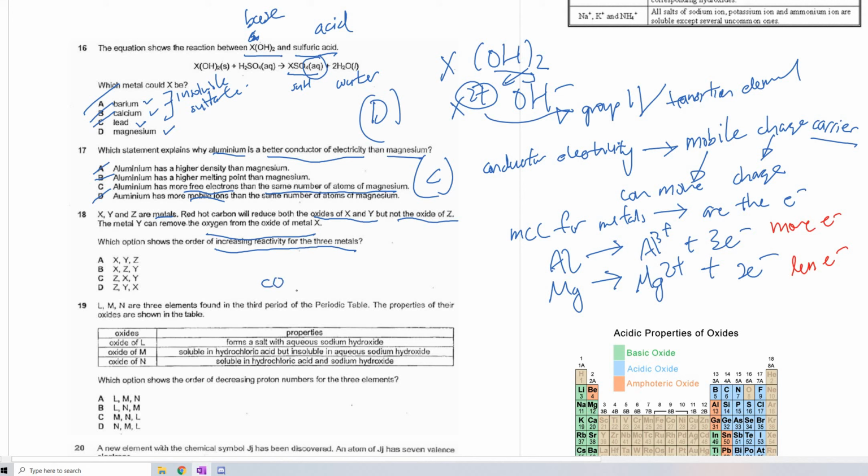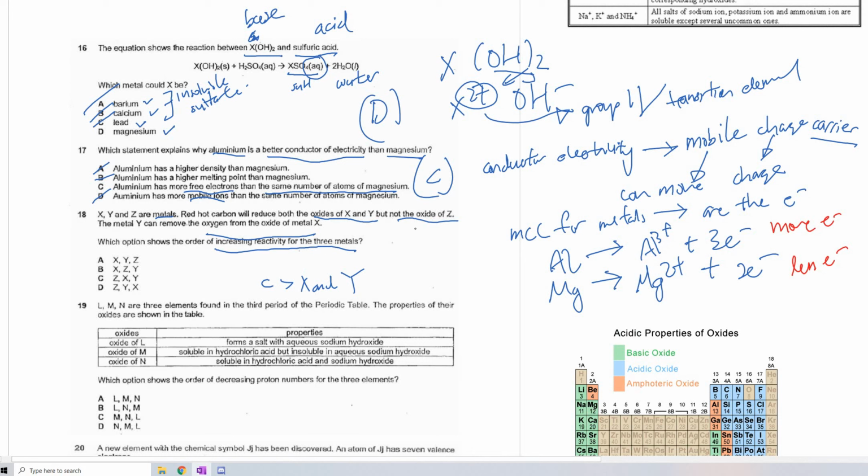So that means carbon is more reactive than X and Y, because carbon would want to form carbon oxide more than X would want to form X oxide and Y would want to form Y oxide.